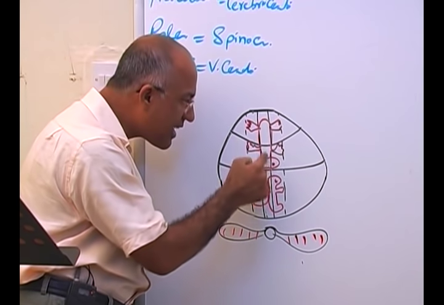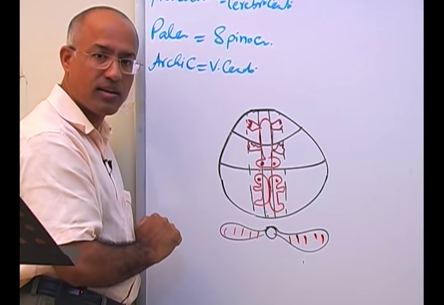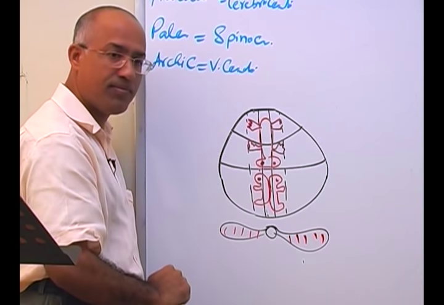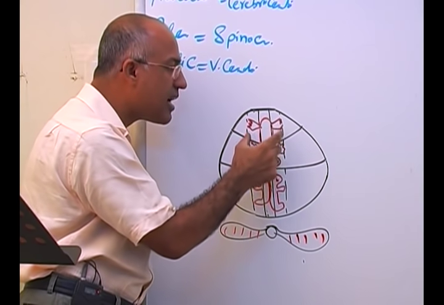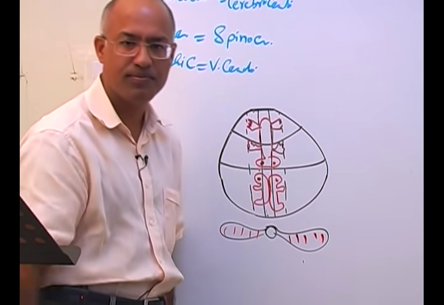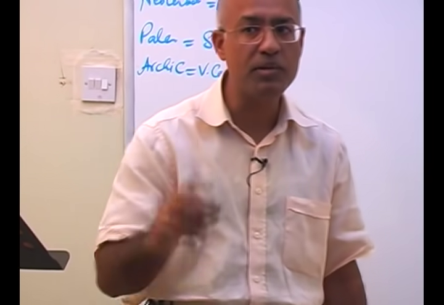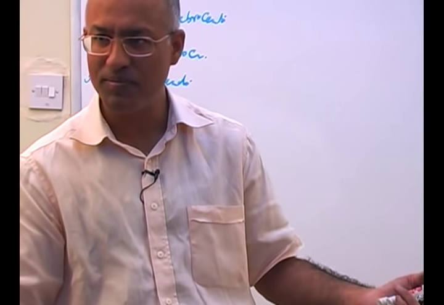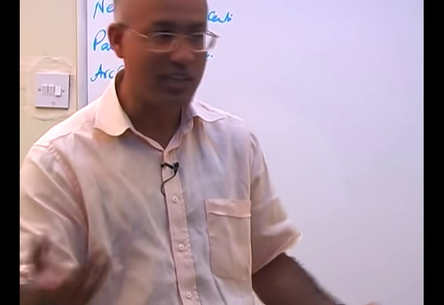Now in this area, vermis and paravermal area, they receive the sensory information from the spinal cord. So they will be the part of which cerebellum? Spinocerebellum.